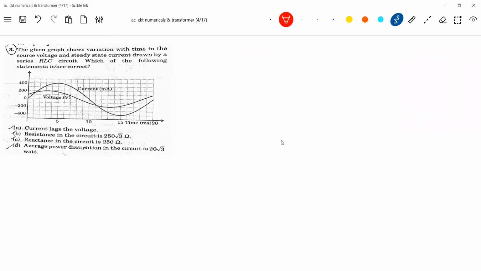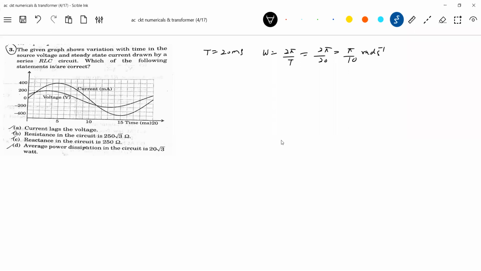Okay, no time period. Okay, something happened. Time period is 20 milliseconds. Okay, we got time period. So from that, we'll get omega 2 pi by T, 2 pi by 20, pi by 10 radians per second.